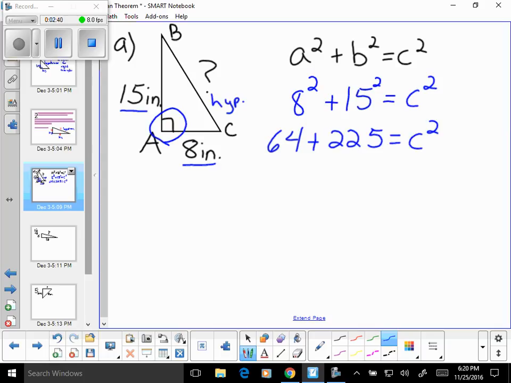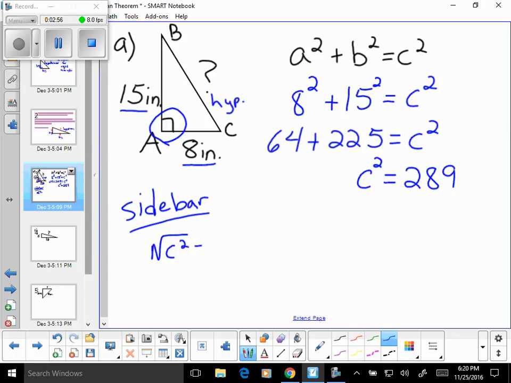Now, this is where I have a tendency to use my reflexive principle, and I switch it around and say c squared equals 289. Okay, sidebar. The square root of c squared equals c. The square root of a squared equals a. And the square root of b squared is going to equal b.